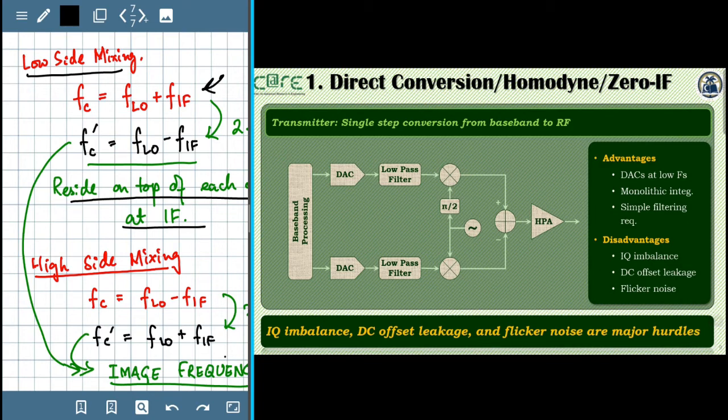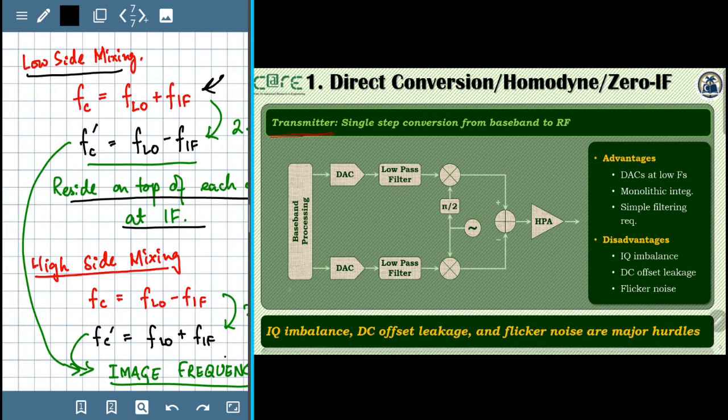So the first architecture is, as I said earlier, conceptually the most simple. It's basically the direct conversion, also referred to as homodyne or zero IF architecture. This slide shows the block diagram of the transmitter of such a direct conversion architecture. It involves a single step conversion from baseband to RF signal.